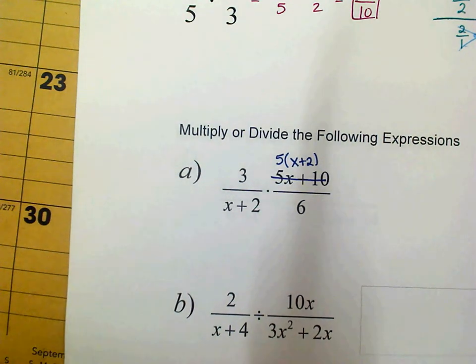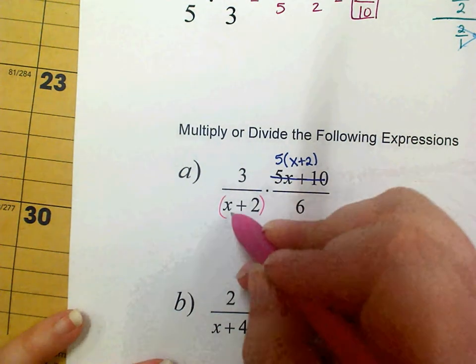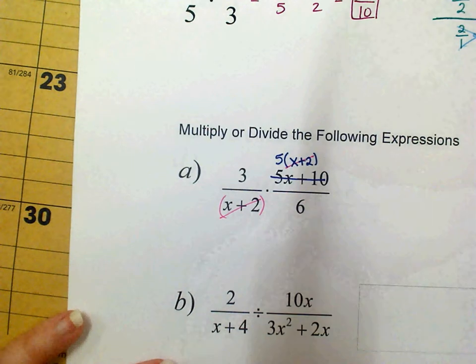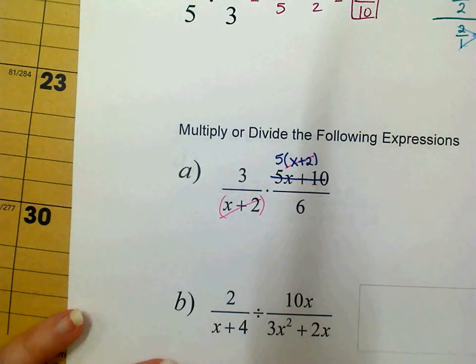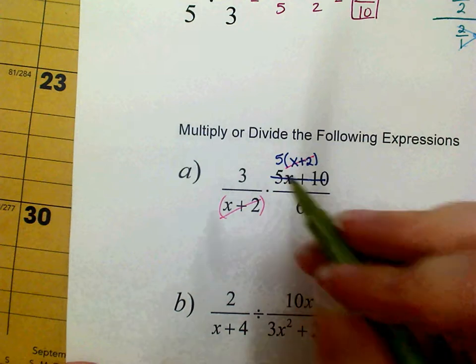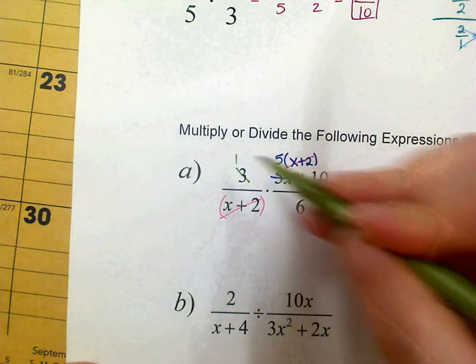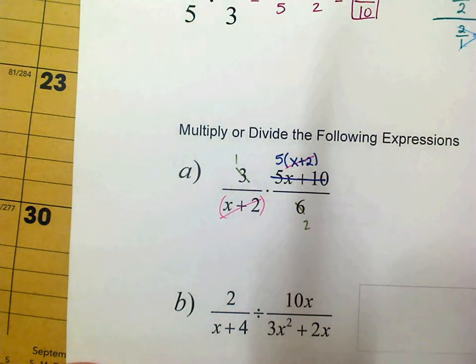Now I notice that x plus 2 and x plus 2 are both factors in the denominator. This is actually x plus 2 times 6, right? Because I'm multiplying, I can divide out x plus 2. I also notice that I have a 3 in the numerator and a 6 in the denominator, which simplifies. If I divide them by 3, I'm left with 1 and 2. So the only thing I'm left with is 5 over 2.